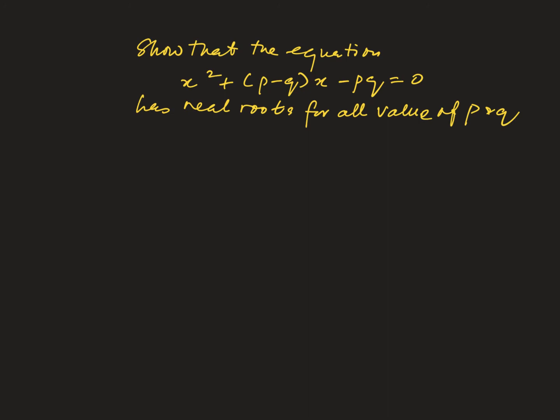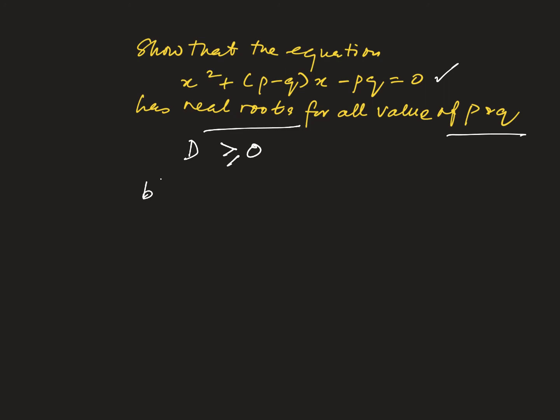In this example, you are asked to show that the equation x squared plus (p minus q)x minus pq equal to 0 has real roots for all values of p and q. So we have to prove that the discriminant is bigger than or equal to 0, since it has real roots.